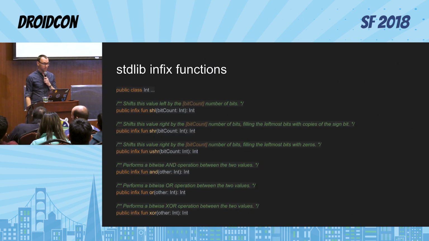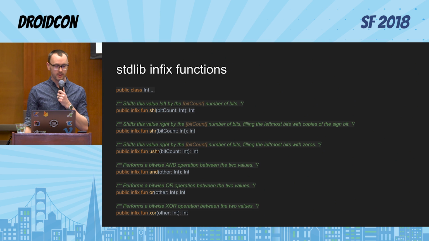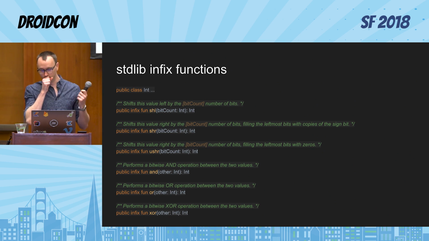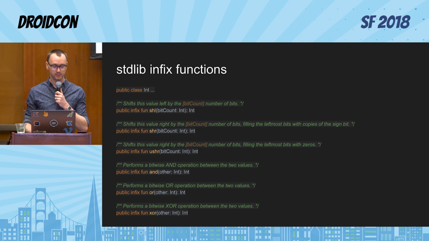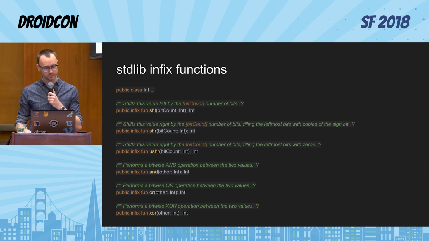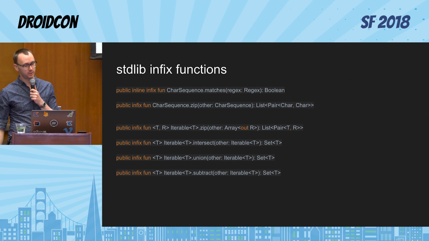All right, so all of the infix functions in the standard library are the following. All the bit shifting methods are infix functions. All the bitwise methods are infix functions. Those make sense because you want them to sort of look like keywords. There are 2 on char sequence that you can use on strings. One is matches.